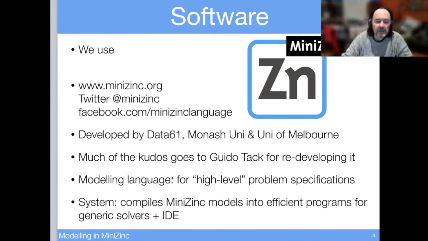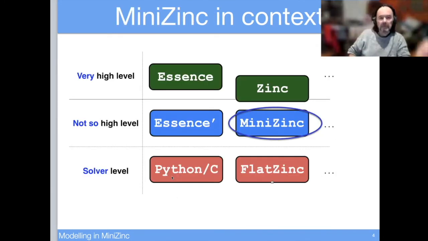The idea of MiniZinc is it takes a high-level problem specification and compiles it into an efficient program for different kinds of solvers. So you can place MiniZinc in this idea. Why is it called MiniZinc? We had an earlier language called Zinc, which was higher level. It had more kinds of constructs in it, like constraint types and structures and all kinds of things.